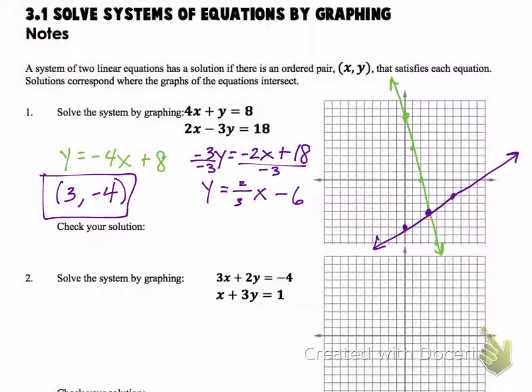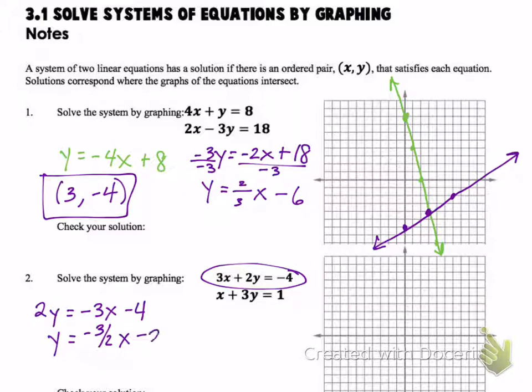If we look at the next one, so I'm going to solve the top one for y. So 2y equals negative 3x minus 4. Y equals negative 3 halves x minus 2. So I would go down 3 over 2.